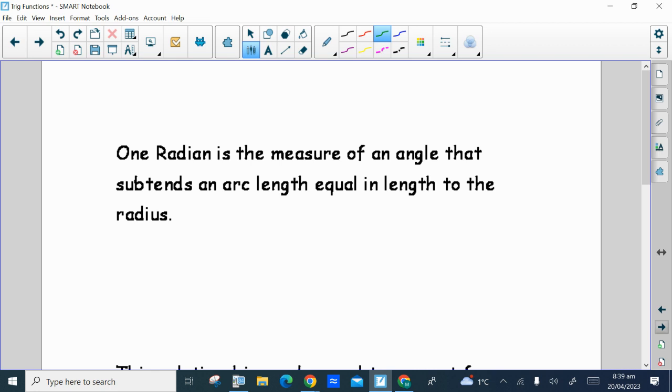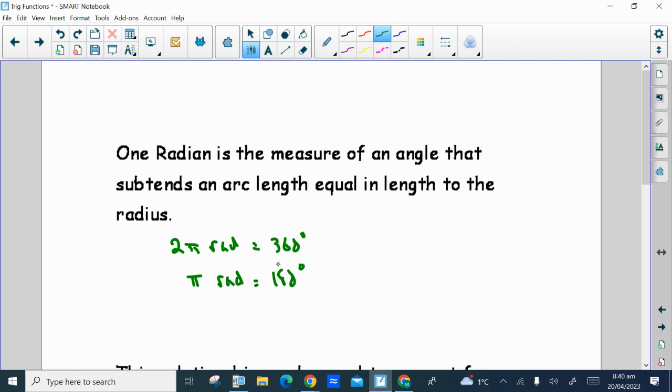You learned that 1 radian is the measure of an angle that subtends an arc length equal in length to the radius. And we know that 2 pi radians is equal to 360 degrees. So therefore, pi radians is equal to 180 degrees. And we use these relationships extensively in 30-1.